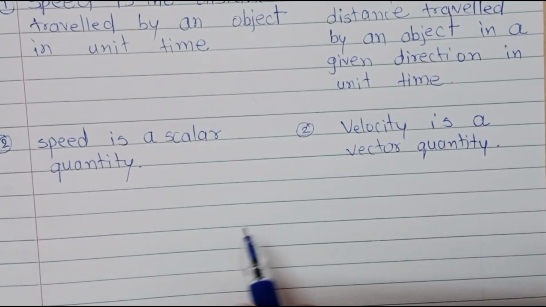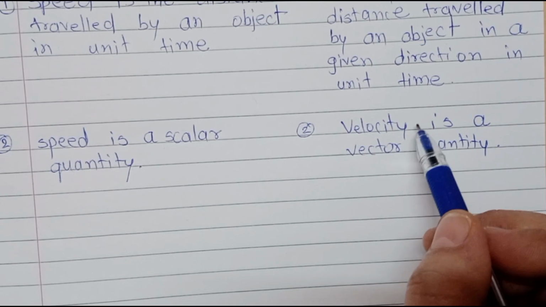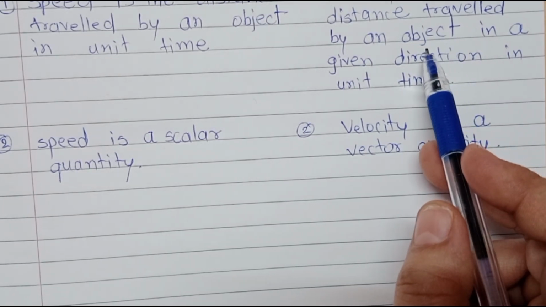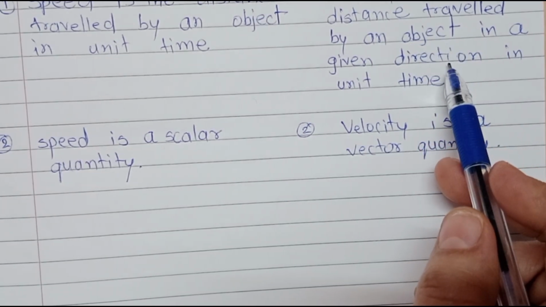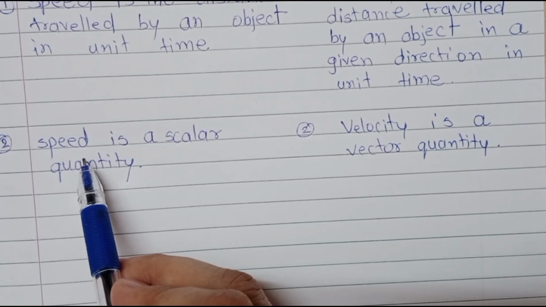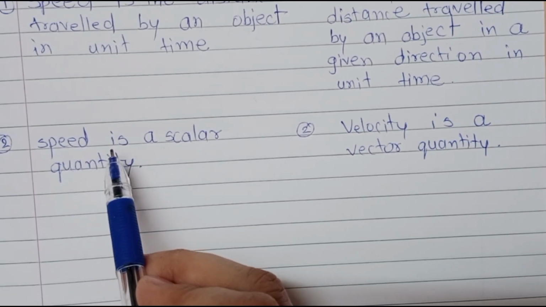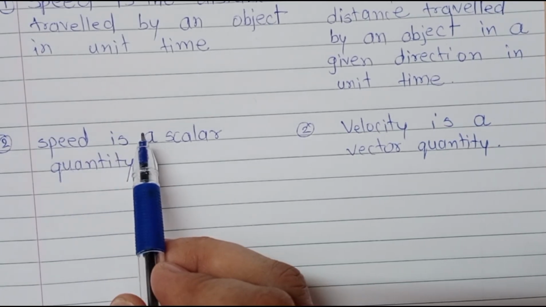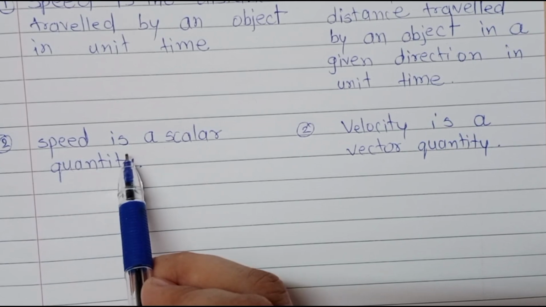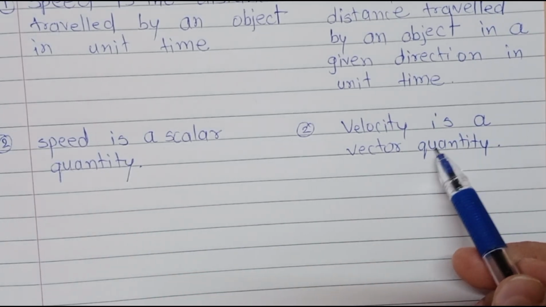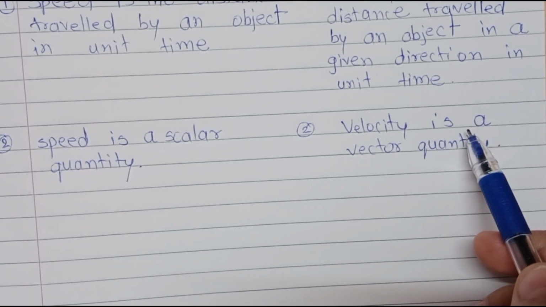Do you understand, students? Because velocity needs magnitude as well as direction, but in the case of speed, only magnitude is needed. So this is a scalar quantity and this is a vector quantity.